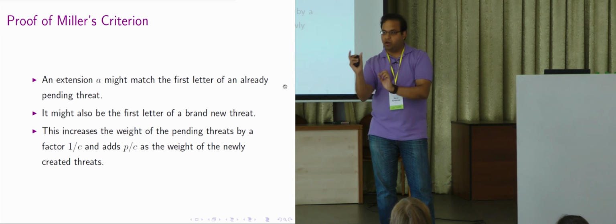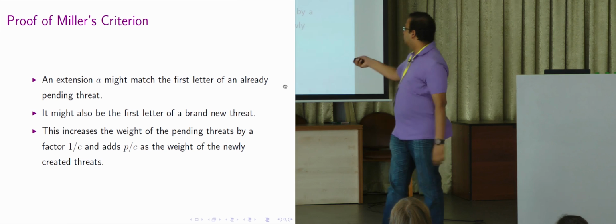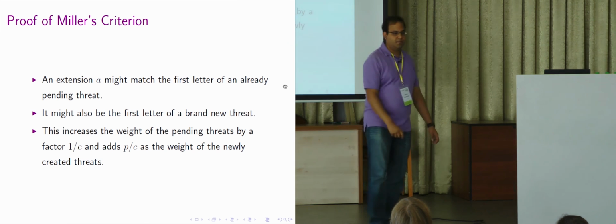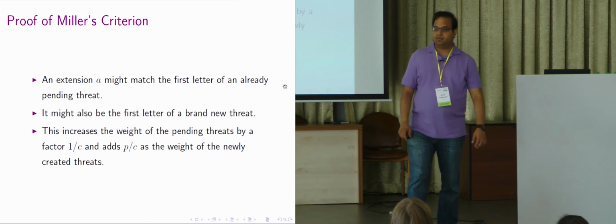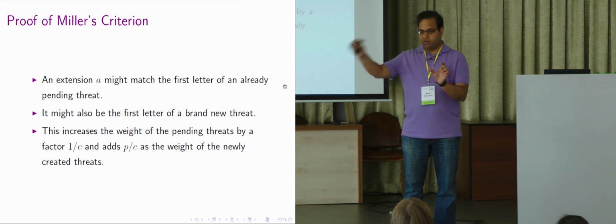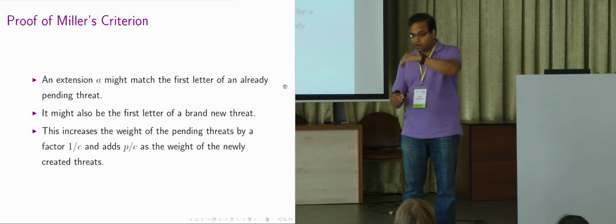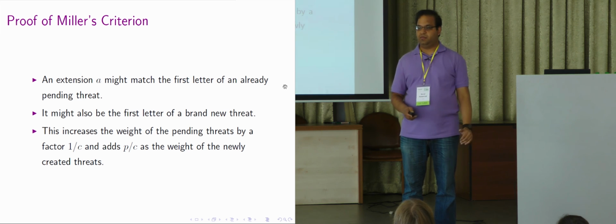So I'm getting closer to creating a bad word from S. I have some suffix that can already be extended, and now I've added the first letter of that extension, so I'm getting closer and closer to producing the bad thing.